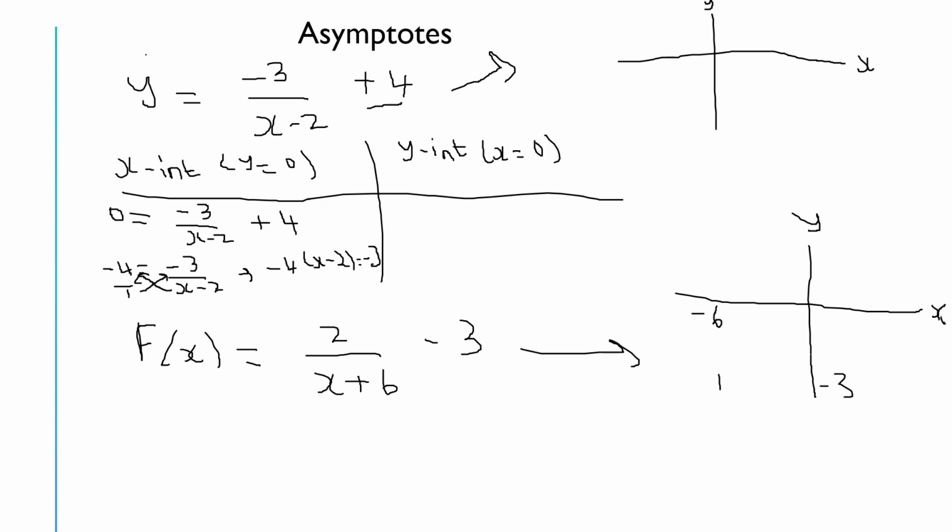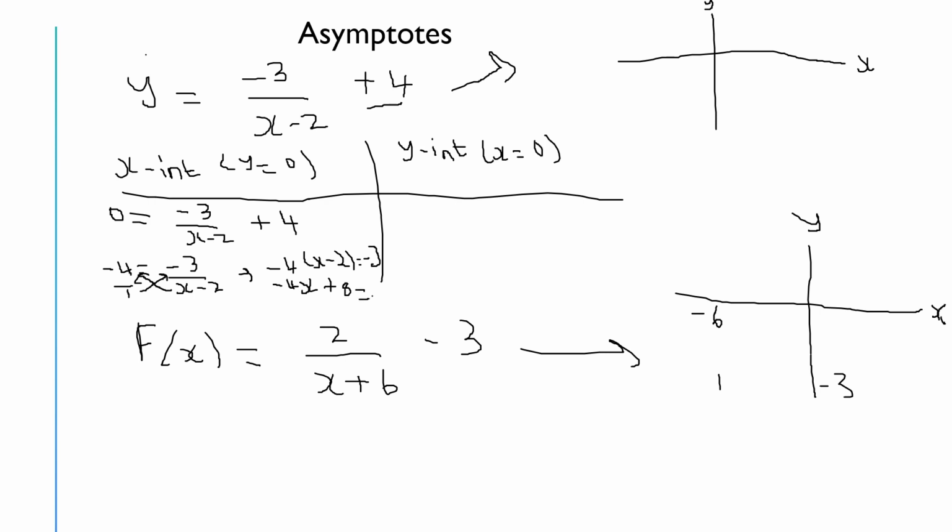Now we're going to simplify. Negative 4 times x is minus 4x. And then negative 4 times minus 2 comes back as 8, and that is equal to minus 3.